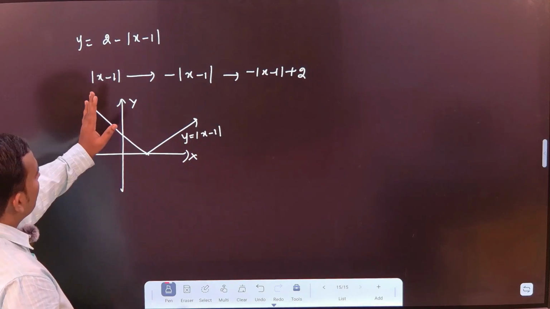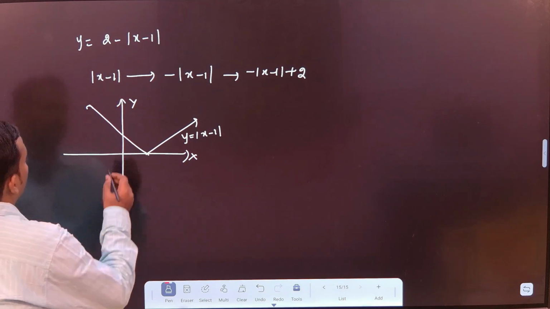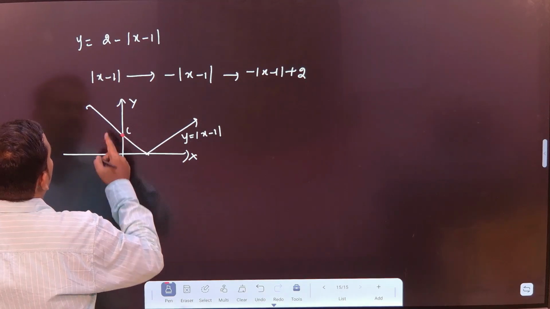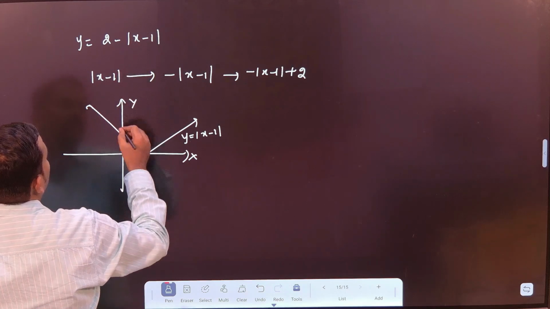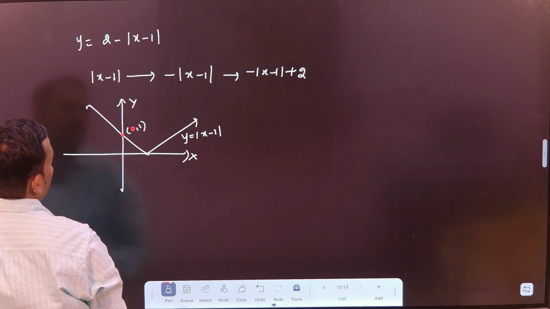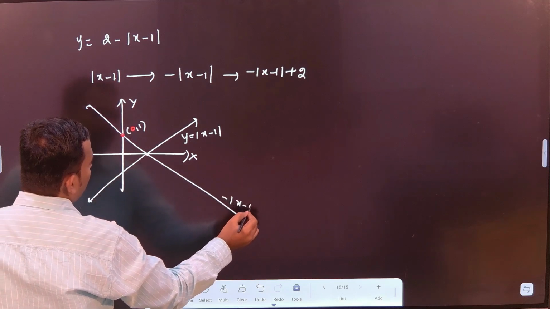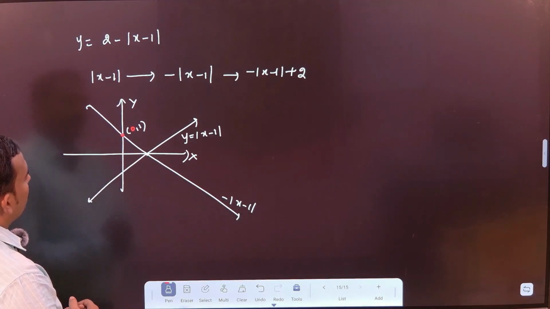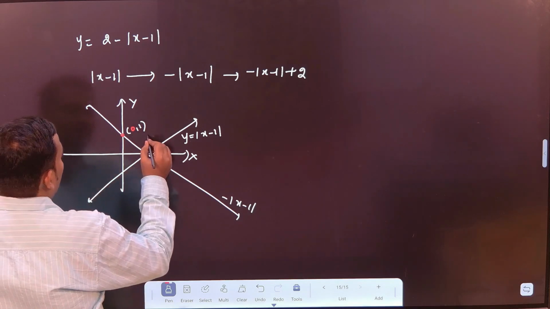Okay, fine. And then minus mod x minus 1. What you can do? You have to shift down the same graph. So where this point is intersecting here, put x is 0, right? It's 1, right? 0, 1. So you have to shift down. This is minus mod x minus 1, right? Okay, fine. Now you can shift 2 units up. 2 units shift up.